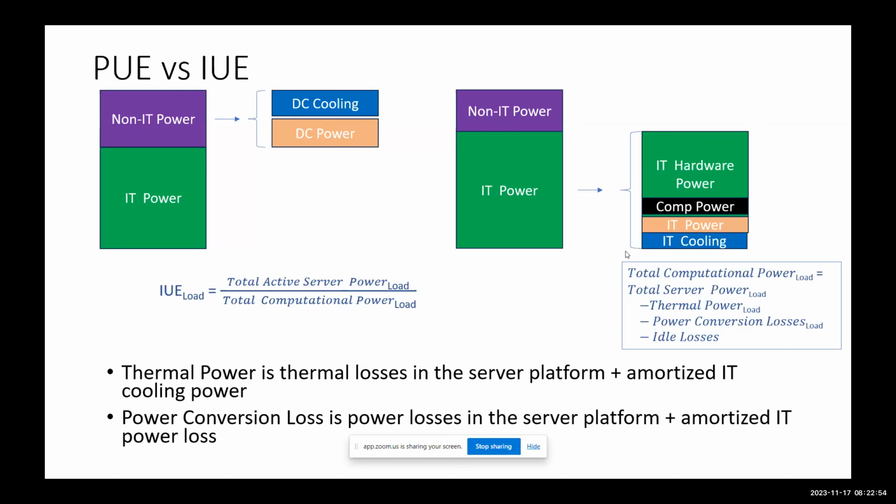Because you can't play the same game that we accuse PUE of playing, and say, oh, I punted everything that was an issue out, and now look at me, my IUE is 1 or near 1, right? So we can do that.